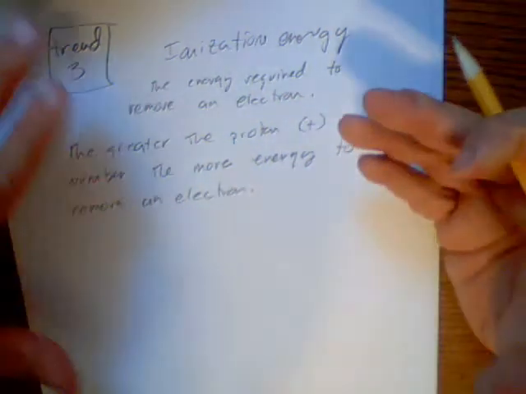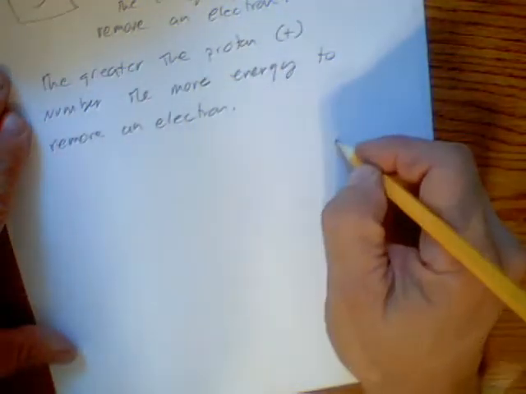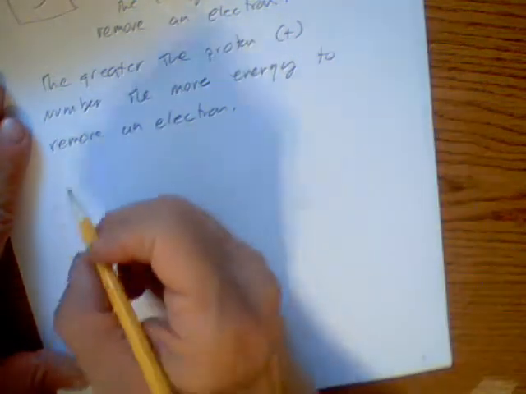So it takes more and more energy to pull that electron off because there's more and more positive. So that increases across the groups, as we said before, moving from left to right.